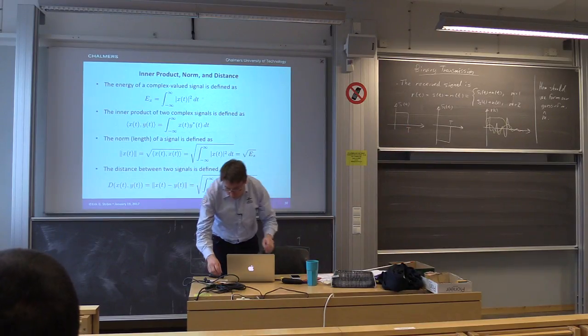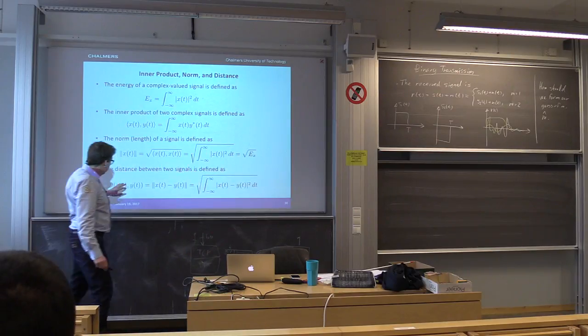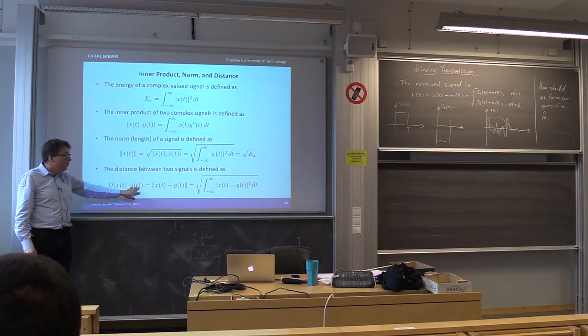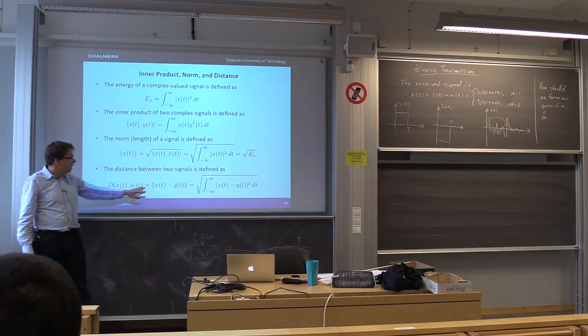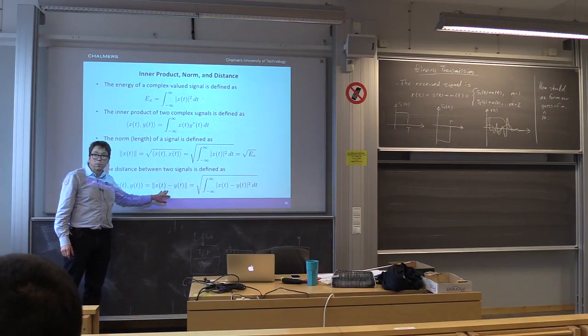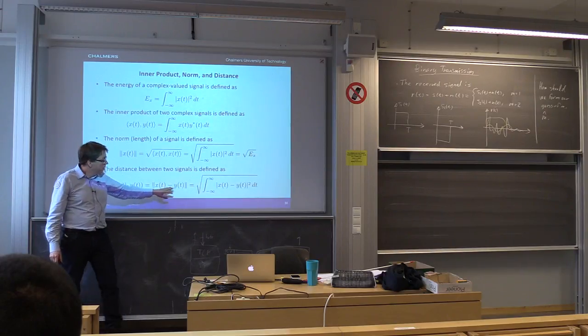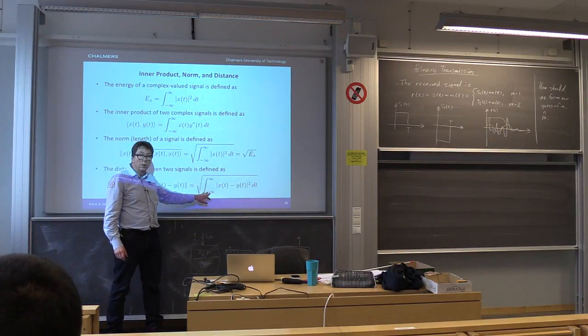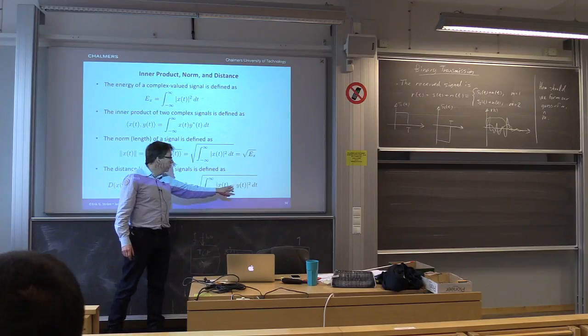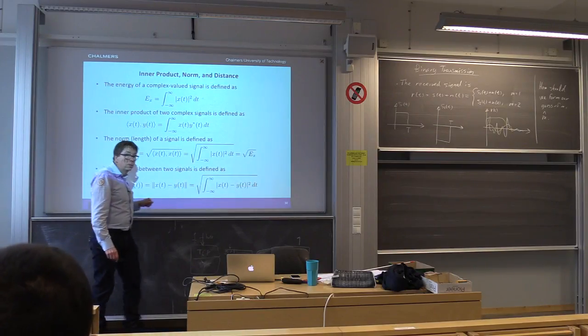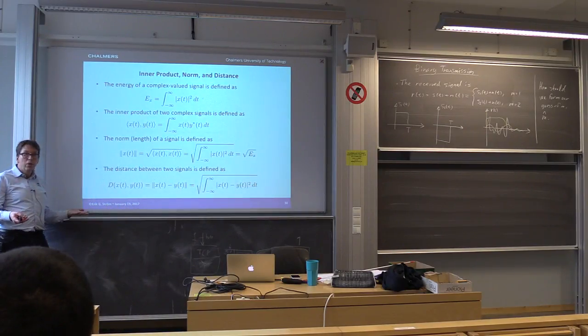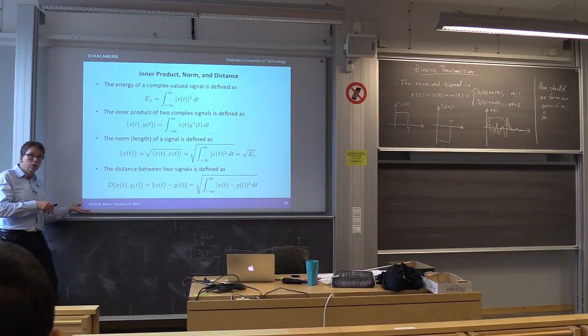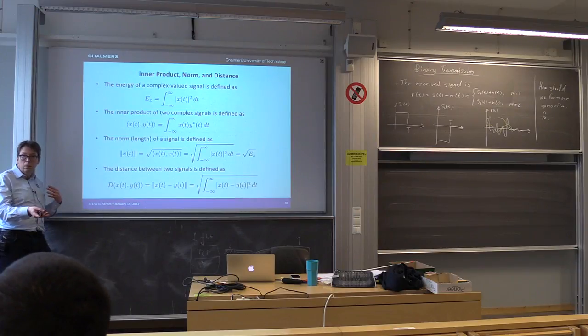Well, the distance between x and y is the length of the difference between x and y. And what is this? Well, it's the square root of this integral, and the integral is the magnitude of x minus y, squared. It's the length of the difference signal. If the difference is 0, the distance is 0, right?